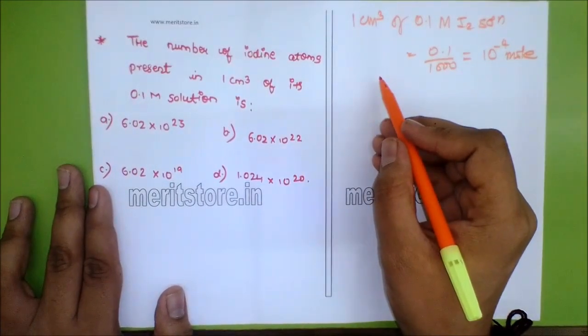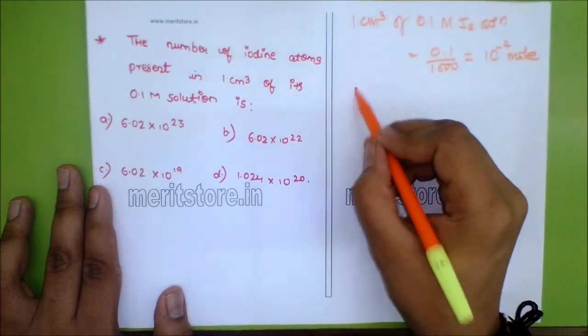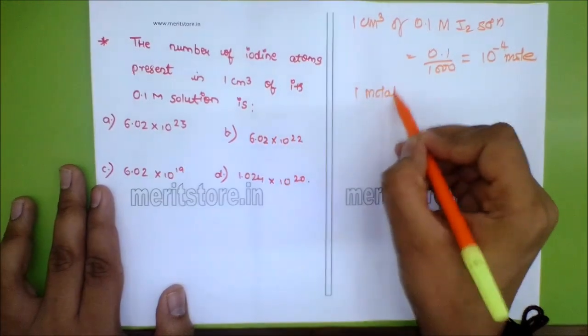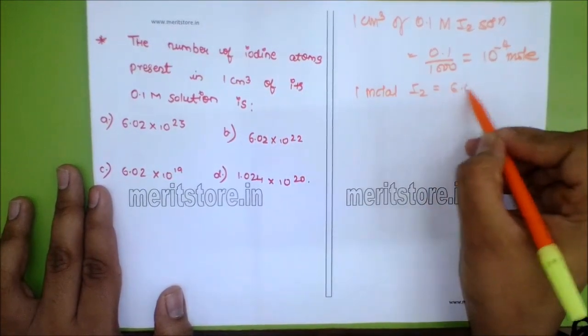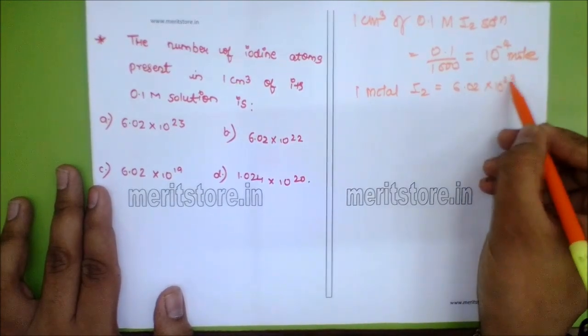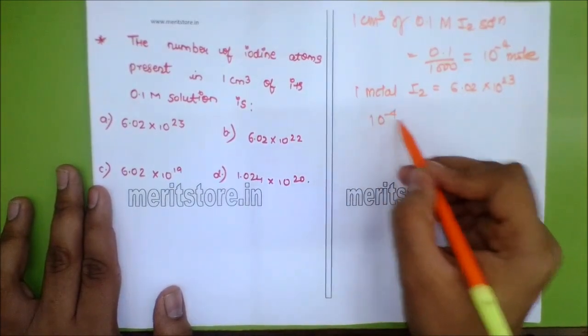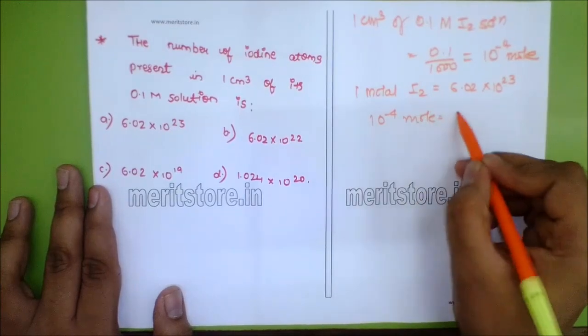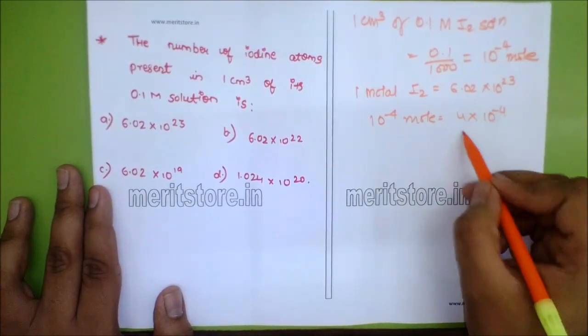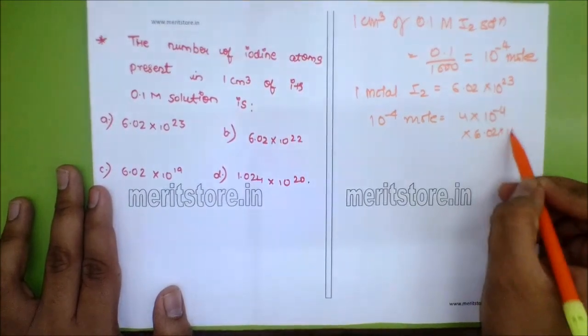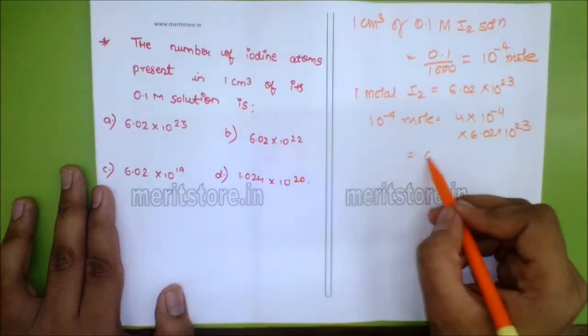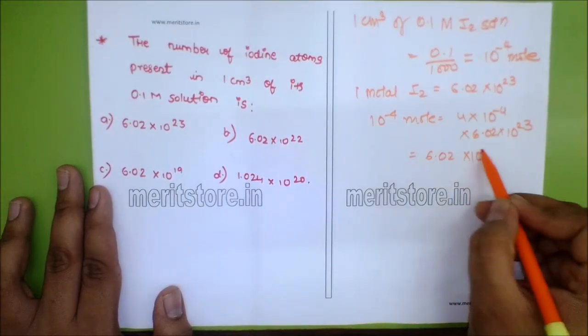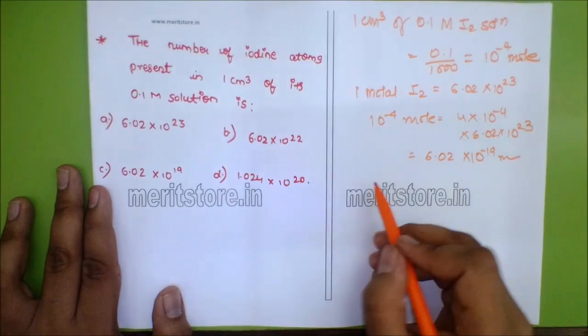So now 1 mole of iodine is equal to 6.02 into 10 raised to 23 molecules. So 10 raised to minus 4 mole is equal to 10 raised to minus 4 into 6.02 into 10 raised to 23, which is 6.02 into 10 raised to 19 molecules.